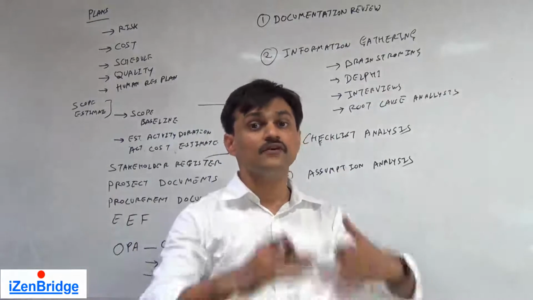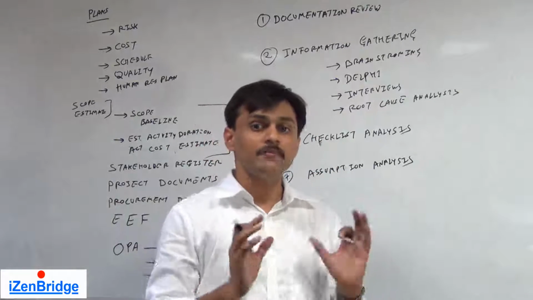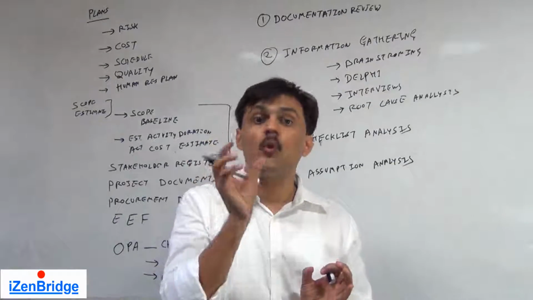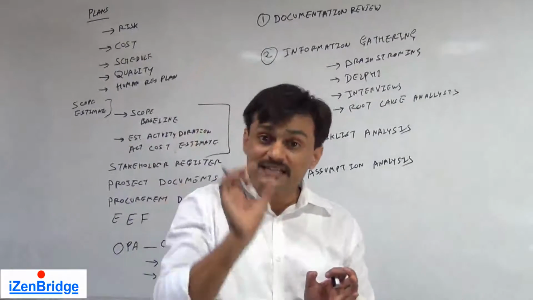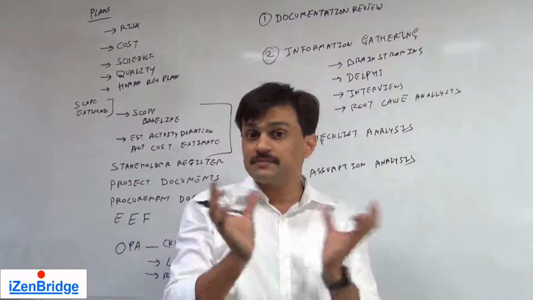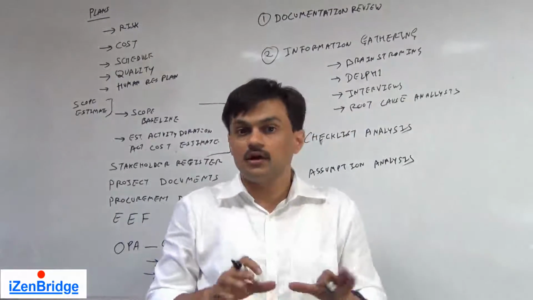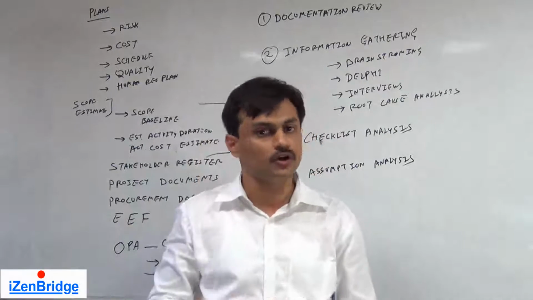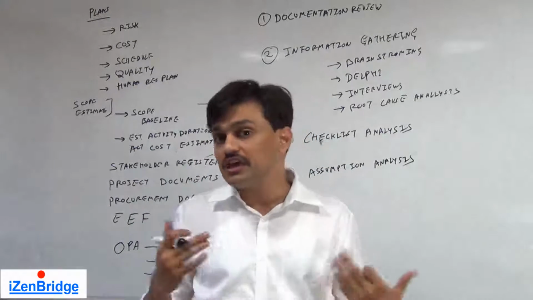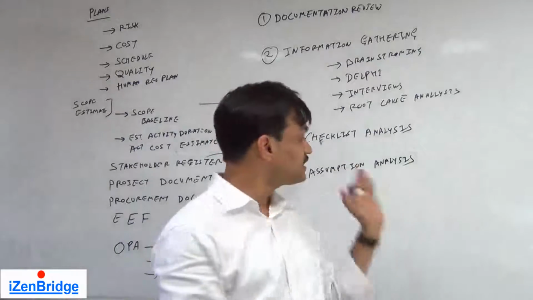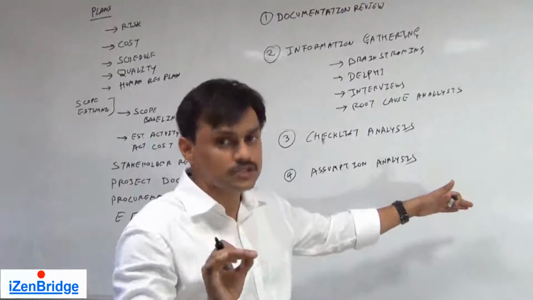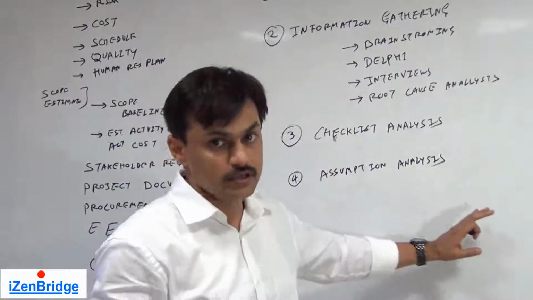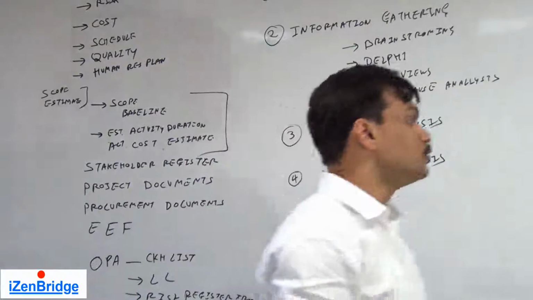For example, while writing the scope, I assume that a particular component is provided by the vendor or by the customer. If the customer says this component is no more available, yes, it was an initial assumption, we were thinking that we can provide it, but since we have not committed, we now cannot provide it. It's a risk. So all the assumptions should be analyzed and tracked in the form of risk, because if they go wrong, you are in trouble.